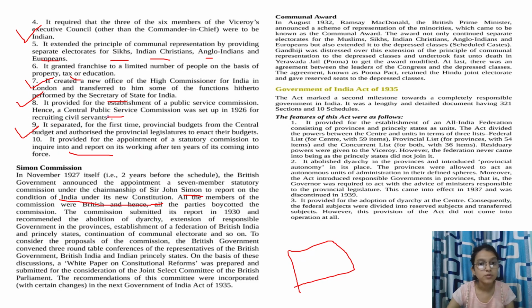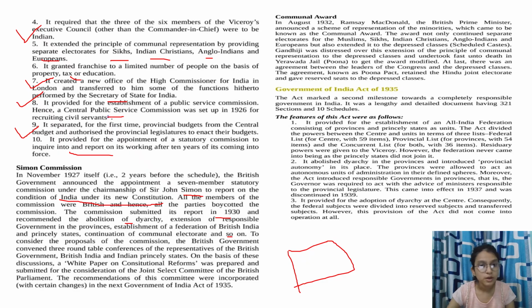The commission submitted its report in 1930 and recommended the abolition of diarchy, extension of responsible government in the provinces, establishment of a Federation of British India and princely states, continuation of communal electorates, and so on. So these are the recommendations they gave to the authority.